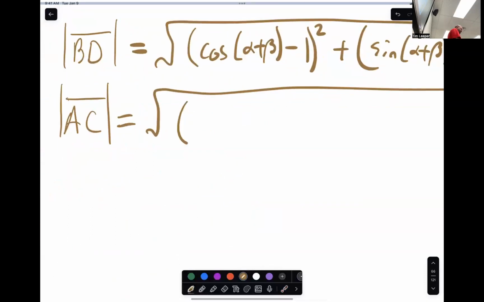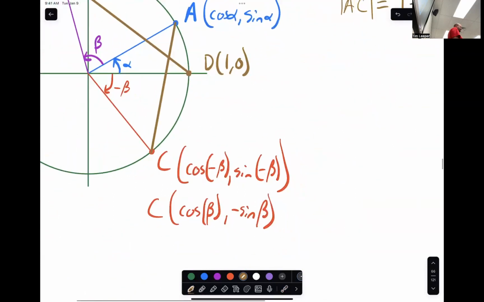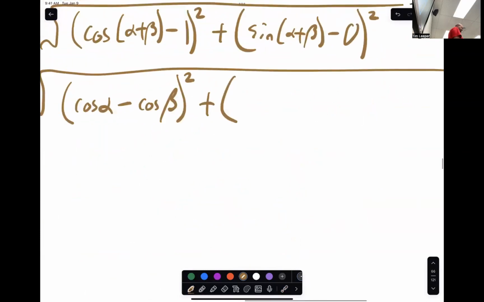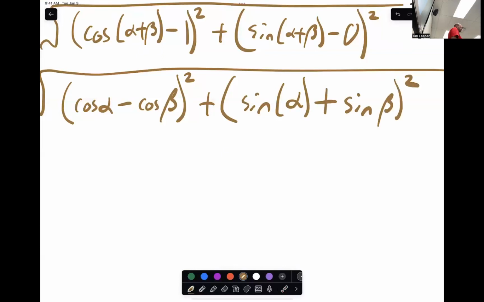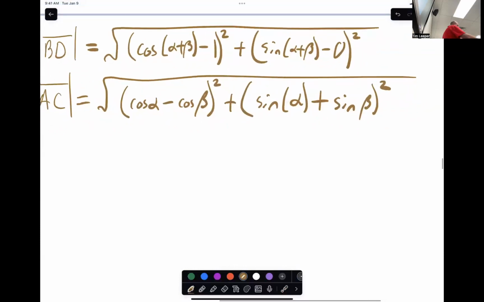So this will give me, in parentheses, cosine alpha minus cosine beta, all squared, plus, for the y's, sine alpha minus a negative sine beta. Now, minus the negative means plus sine beta, all squared. Good deal.